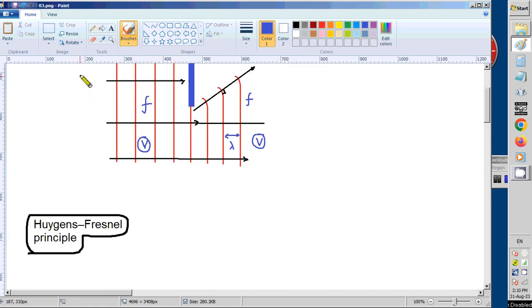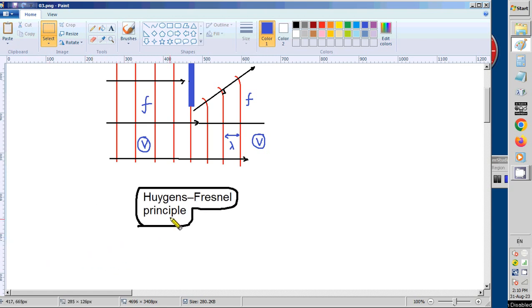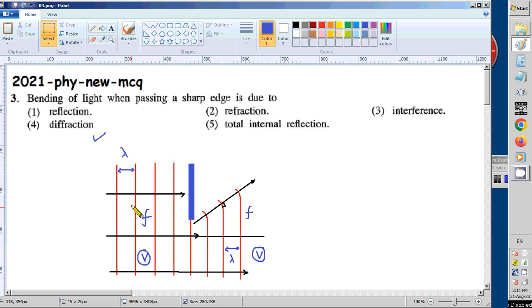That is explained by this principle, called Huygens' principle. Since it is not in our syllabus, I am not going to explain it much, but I can say a little bit.